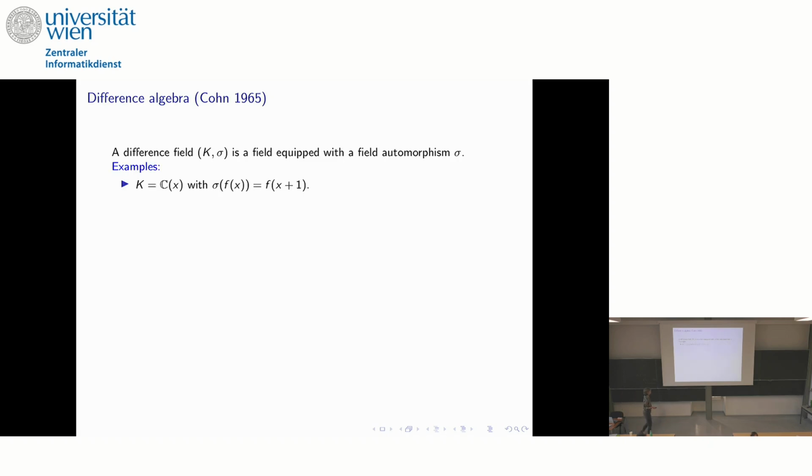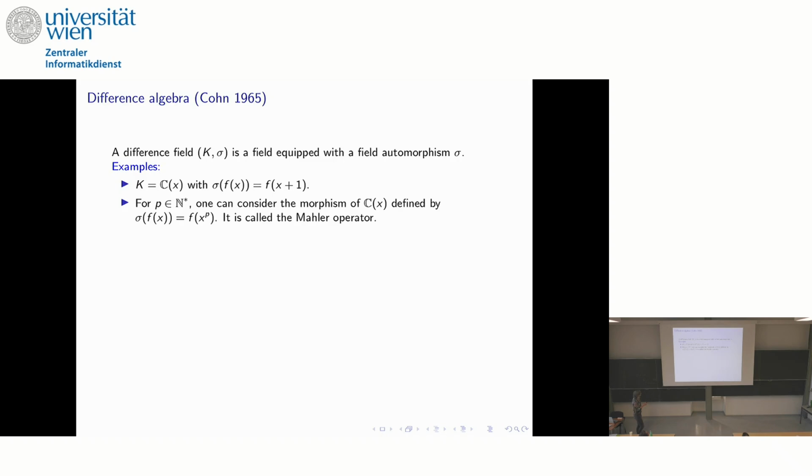The first example, which is the one suitable for gamma, is the field of rational fractions, where you consider the shift of the variable x by 1. The second example is, for p a non-zero integer, the morphism of the field of rational fractions which raises the variable x to the power p. It is called the Mahler operator.